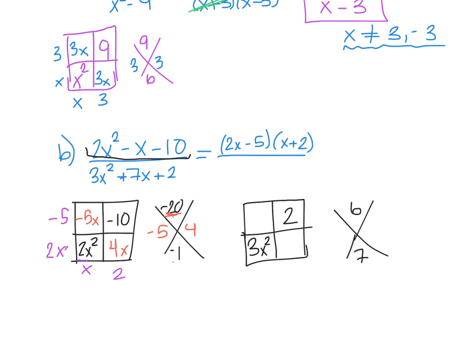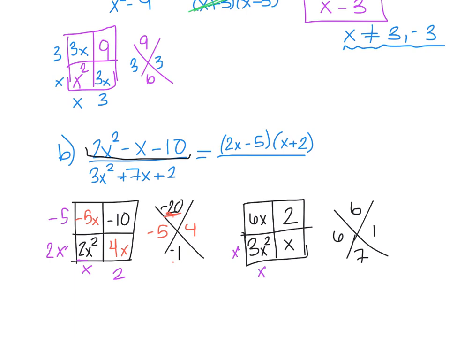Two numbers that multiply to 6 and add to 7, that would have to be 6 and 1. 6 times 1 is 6, 6 plus 1 is 7. So that would be 6x here and 1x there. Then we're thinking about how do I arrange the 3x times x.